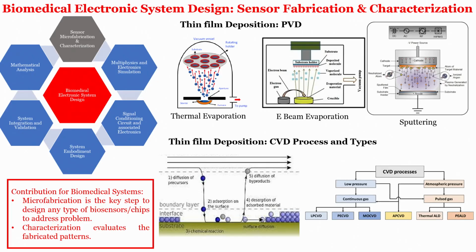If you see the slide, in this slide you can see that when we talk about biomedical electronic system design, which is right over here, right, in the center, you are talking about sensor fabrication and characterization, you are talking about multiphysics and electronic simulations, you are talking about signal conditioning circuits and associated electronics, you are also talking about packaging that comes under system embodiment design, there is system integration and validation.